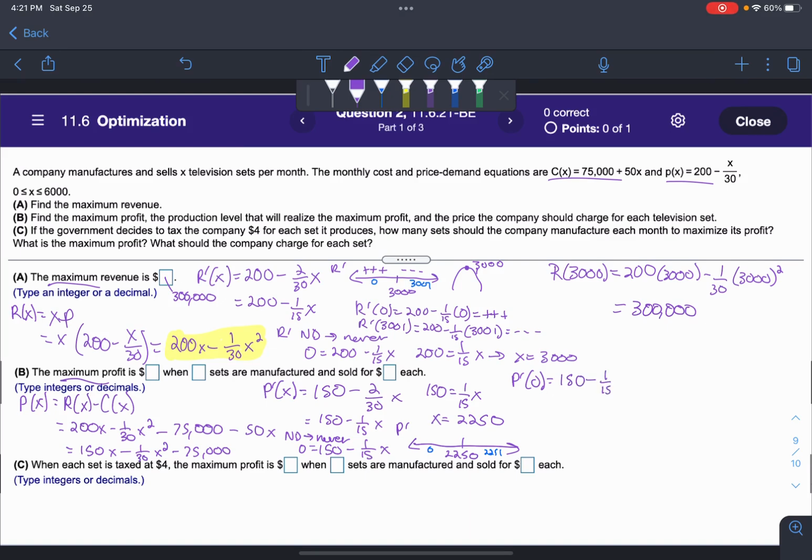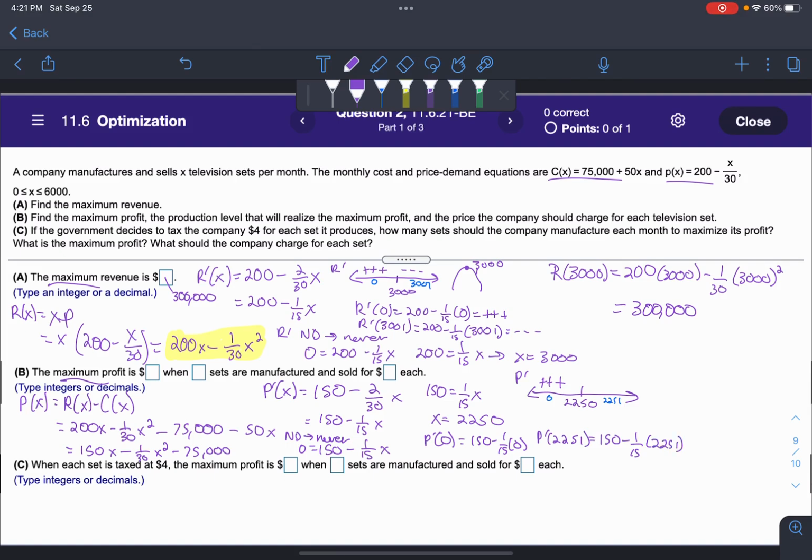Let me move our sign chart, just make it a little clearer what we're doing. All right, so let's find p prime of 0. That's 150 minus 1/15 of 0, which is positive. And p prime of 2251, that will give me 150 minus 1/15 of 2251, which will give me a negative number.